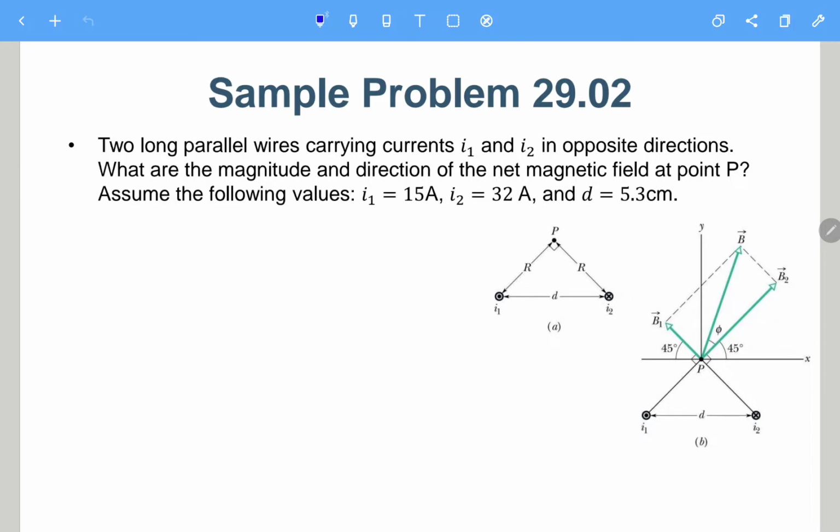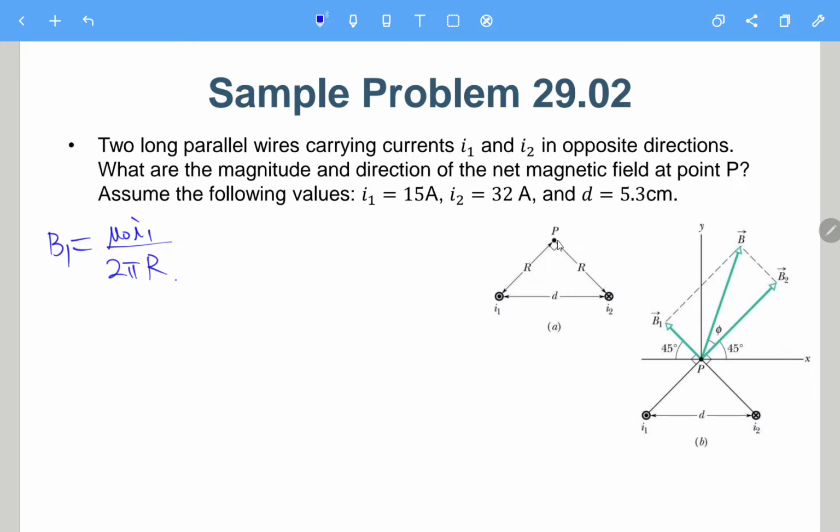First, we calculate B1. The magnitude of B1 is easy: it is μ0 I1 over 2π R, because this is a right angle triangle.